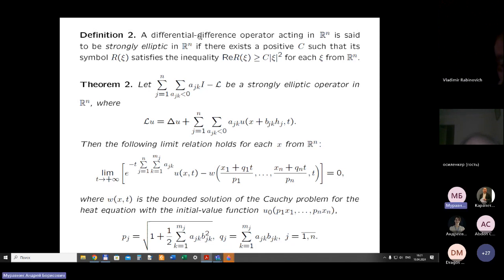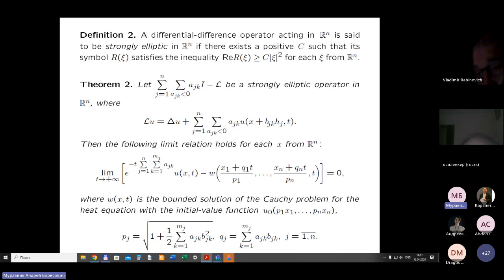A differential difference operator acting in R^n is said to be strongly elliptic in R^n if there exists a positive C such that its symbol satisfies this inequality for each psi from R^n.